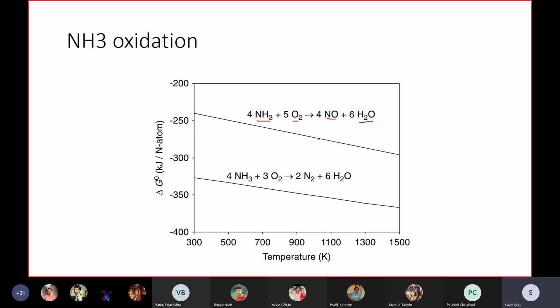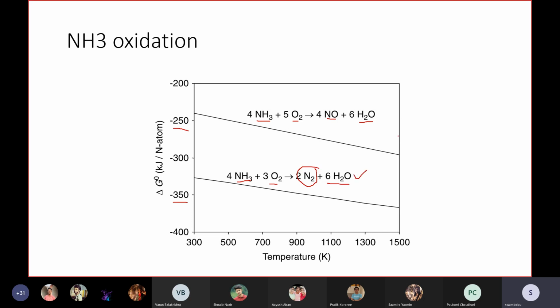Now, another important reaction also happens: ammonia reacts with oxygen and produces nitrogen and water. The Gibbs free energy for the nitrogen production reaction is lower than that for the nitric oxide, NO, production, so this is more favorable.